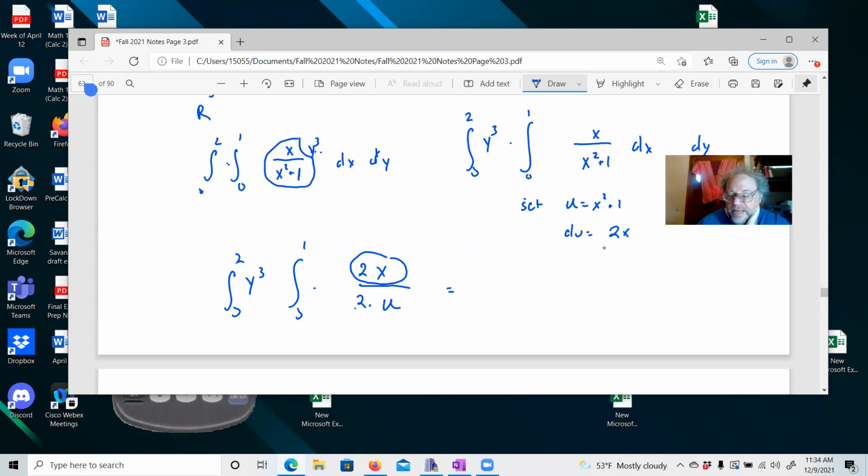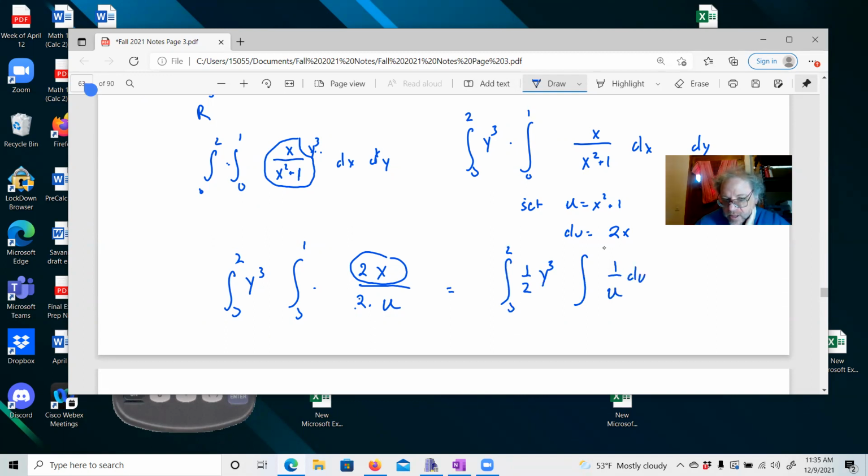So this is going to be 0 to 2. I'm just going to put it here so I can keep it with my y so I don't end up losing track of it by putting it way up here and having to remember it. It's like where Pluto is for the solar system, people will forget. So here we have 1 over u, right? This is the 1/2 that I didn't include.